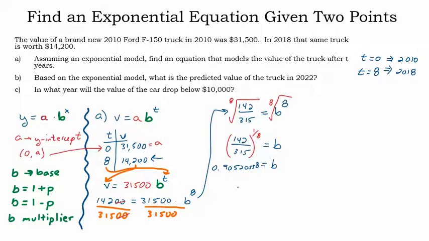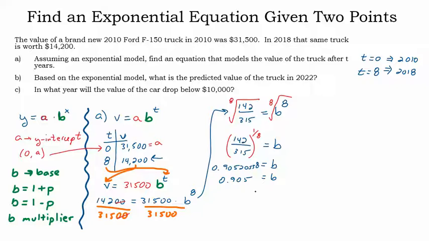Probably the directions of whatever problem you're doing will tell you. Since this is representing a percent, I would probably round it like that. So basically this is saying about 90.5%. It's retaining about 90.5% of its value every year. In other words, it's losing 9.5% of its value every year.